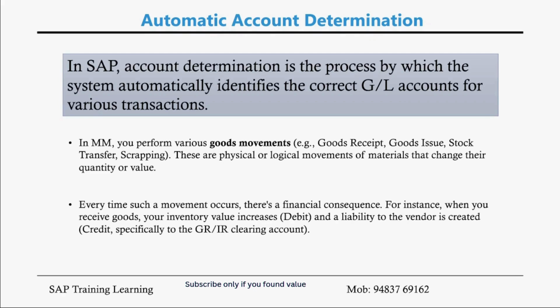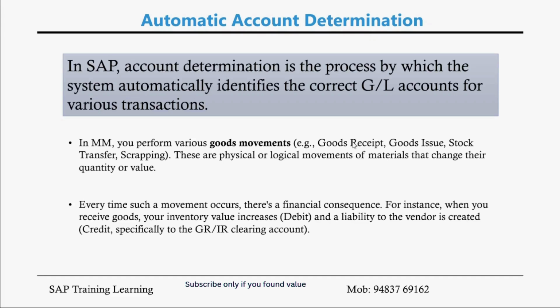So our main aim in using this concept is that SAP has given that whenever there is a goods movement in the system, it may be goods receipt or goods issue. When you do a goods receipt, your stock is increasing. When you do a goods issue, your stock is decreasing, right?